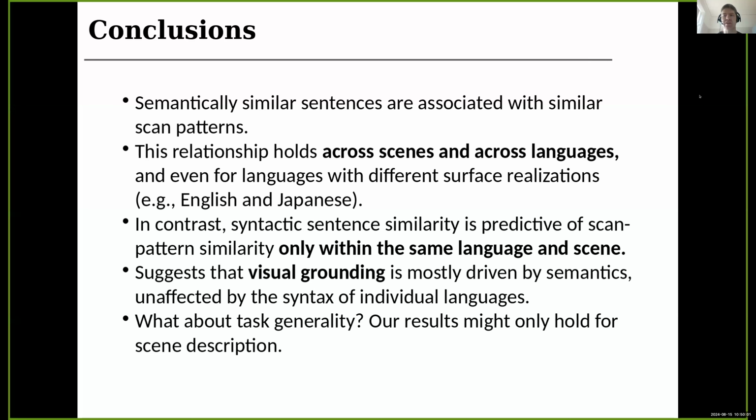We have not looked at this specifically, but my bet would be it does, just because there's a huge literature, of course, on visual saliency and how it affects scan patterns and scene viewing and so on.